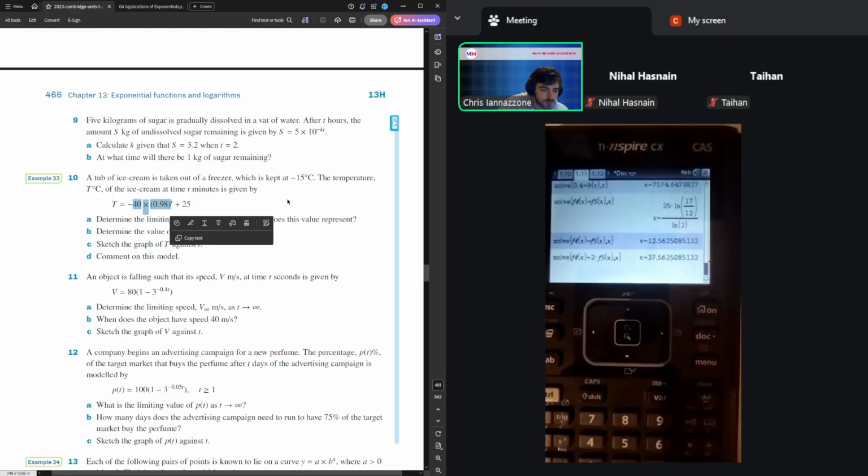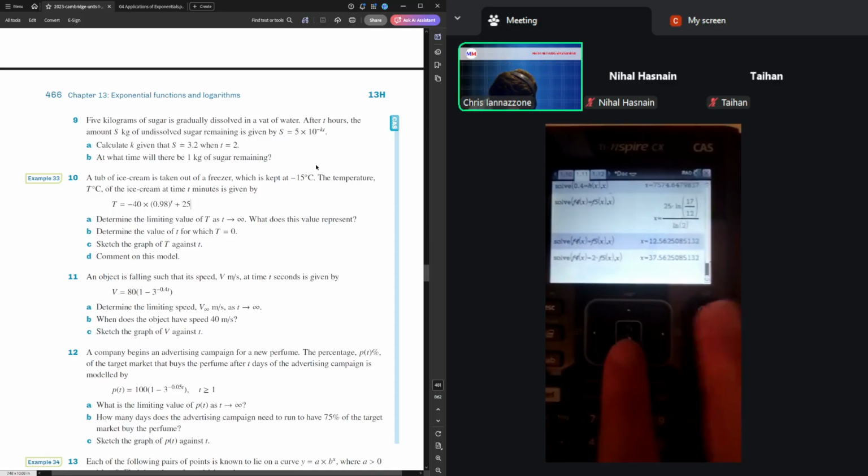Really, it's just saying, where's my asymptote? So if I chuck t equals infinity here, this becomes effectively 0 because you're repeatedly multiplying decimals between 0 and 1. So this will go to 0, leaving 25. That's how you can analyze it via the actual equation itself.